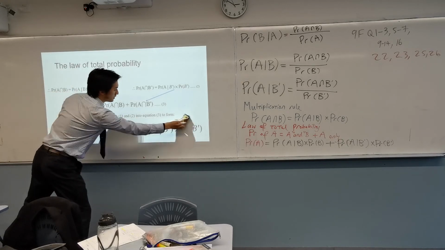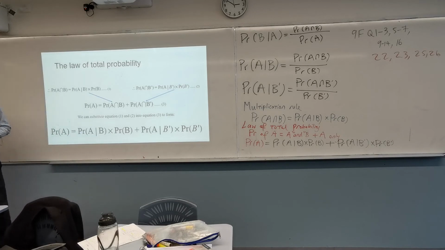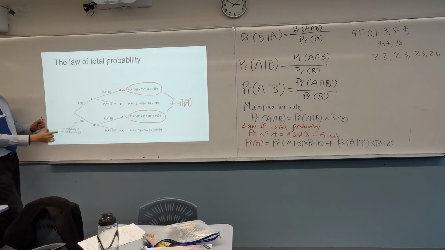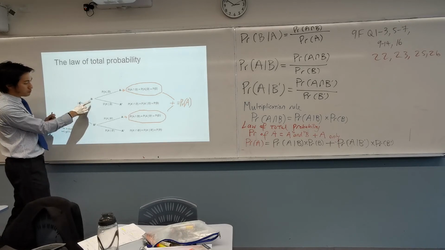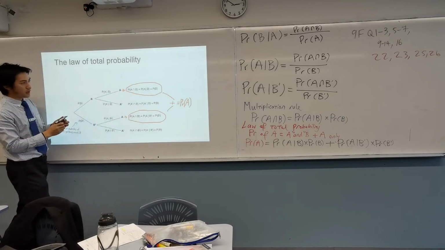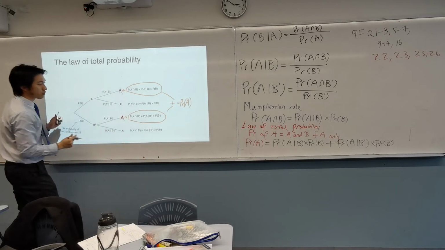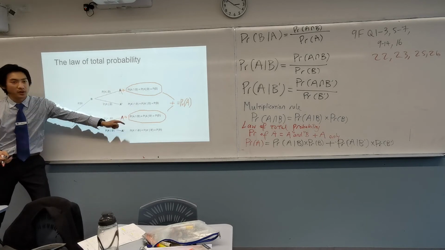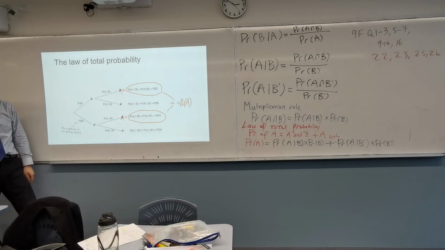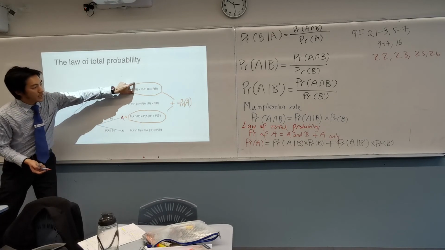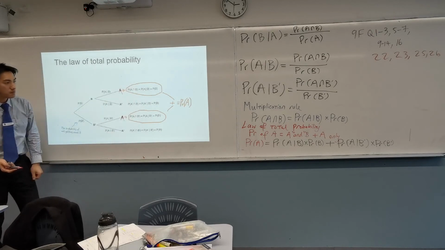The way we use this equation is just when the opportunity arises. So in our next example, before we get to that example, actually, diagrammatically, this is what it means. Okay, we're going back to our tree diagram. We've got event B happening first, event B or not B, as well as event A or not A. If we're looking at the possible outcomes that do result in A, there are two separate outcomes that result in A. So if we're trying to figure out the probability of A, we need to add those individual probabilities together.